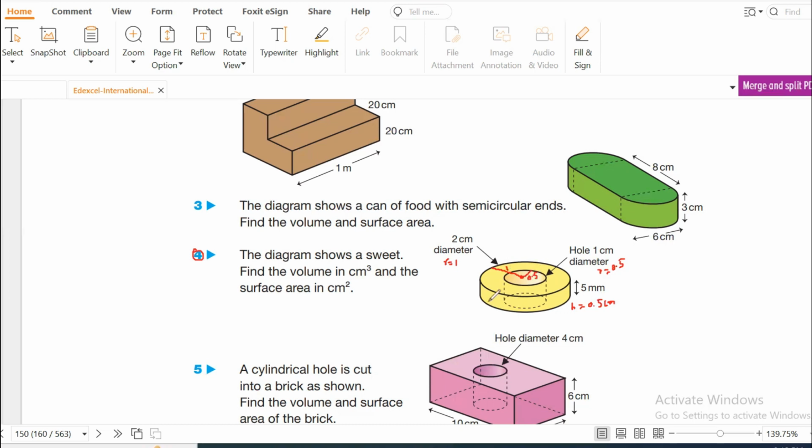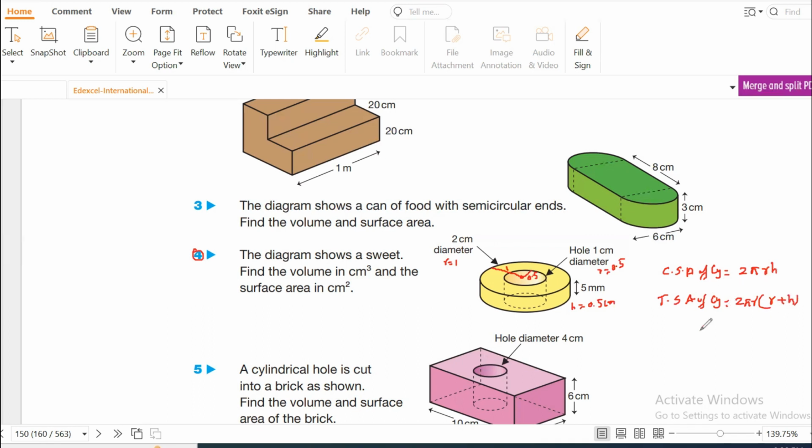So we will try to make a formula so that it works. For the outer part, basically there are two formulas for a cylinder shape: one for the curved surface area of a cylinder, equal to 2 pi rh, and the total surface area of a cylinder, equal to 2 pi r, bracket open, r plus h.